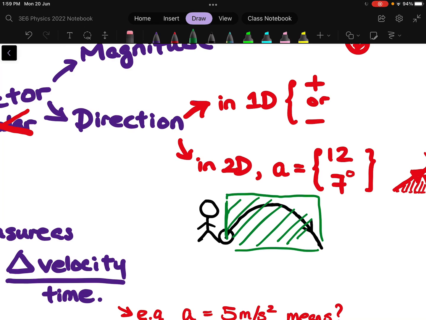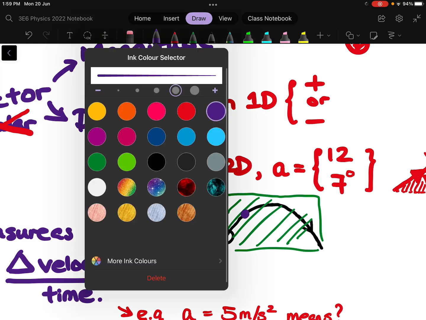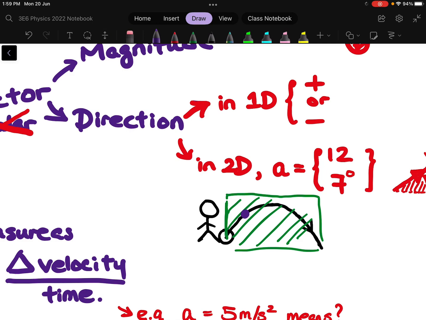So for example, if I want to find out what is the direction of motion of this purple dot, then I will draw a tangent to it, and I can actually measure the angle that it makes with the horizontal. Horizontal is like a reference point we make, which is this flat line over here.